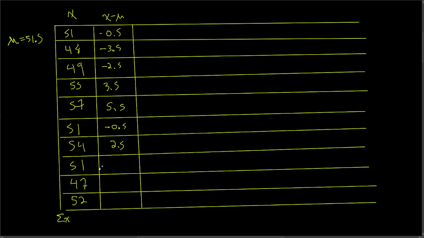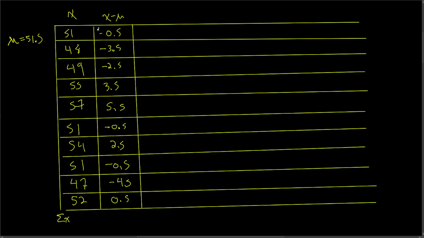And we already did 51. And 47 minus 51.5 is negative 4.5. And 52 minus 51.5 is positive 0.5.